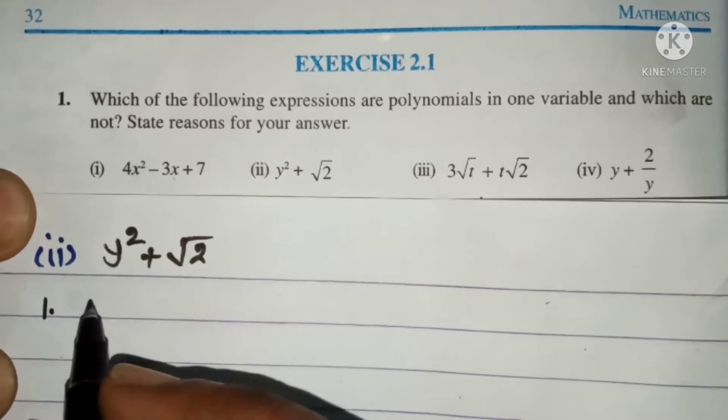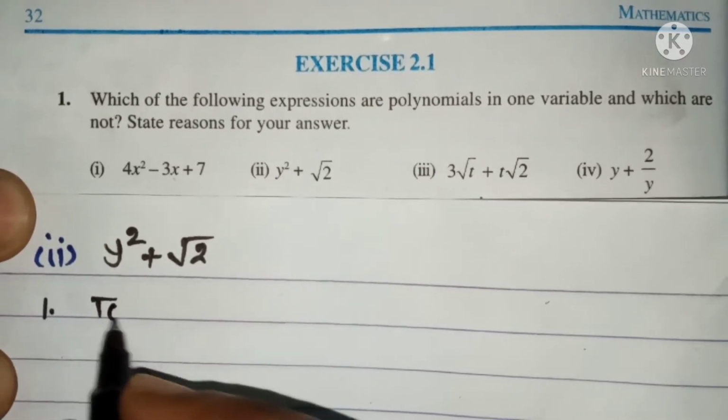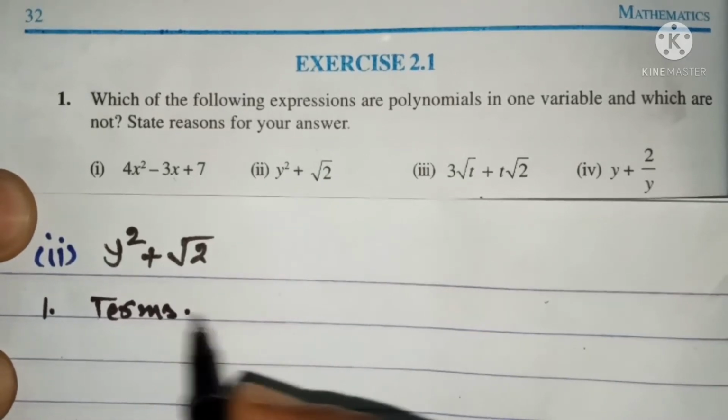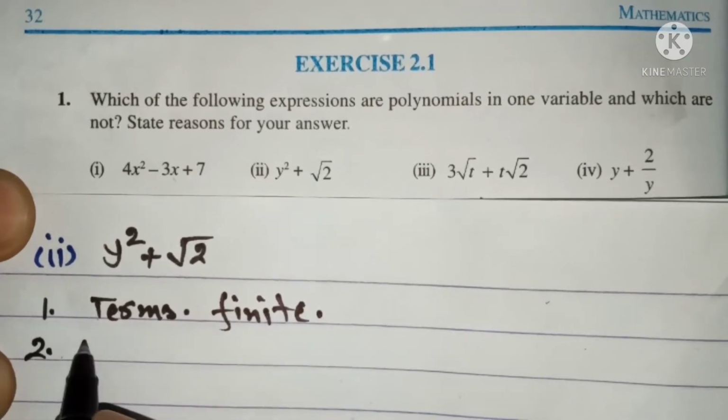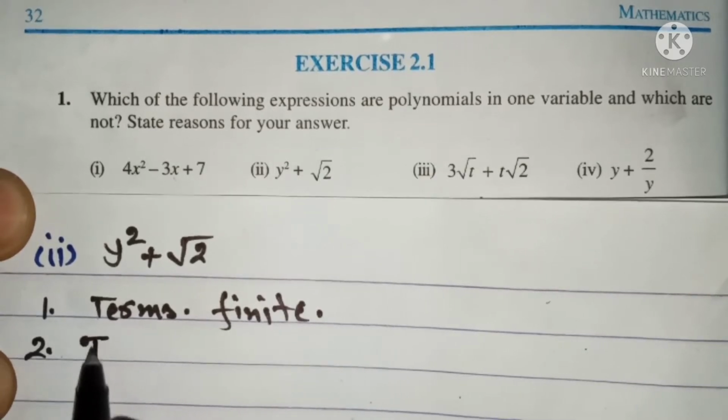First characteristic is the number of terms should be finite. The second one is the exponent of a variable should be a whole number.